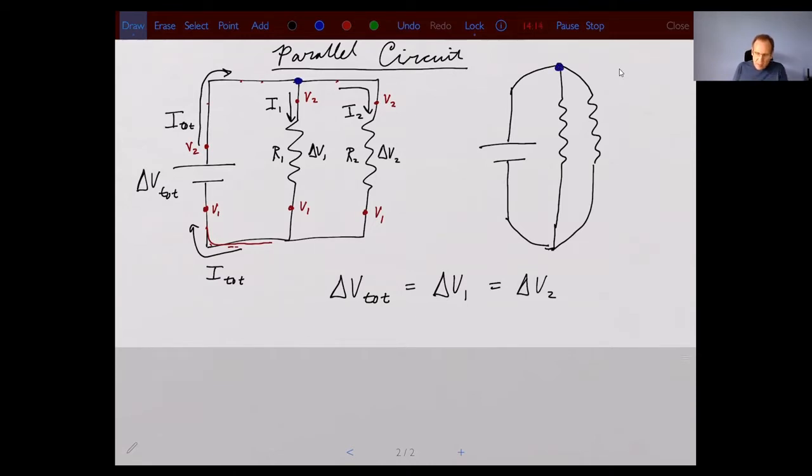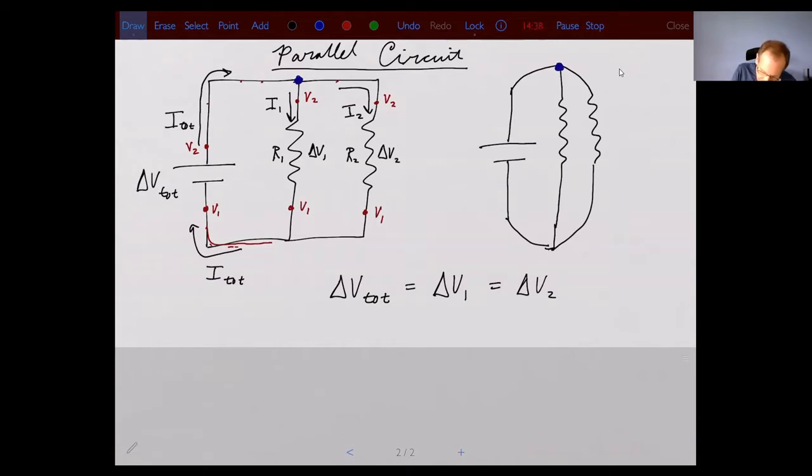And because of conservation of charge again, whatever current goes into that node must equal the current leaving the node. So in this case, if I look at this blue node up here, then I have I total coming in and I have I1 and I2 coming out. So I total must equal I1 plus I2.